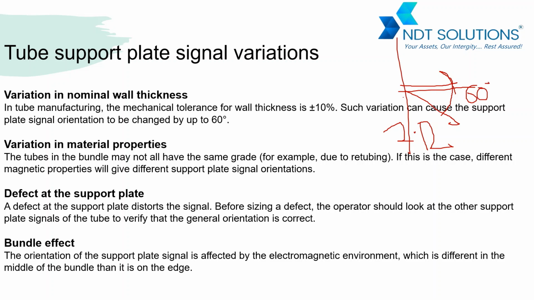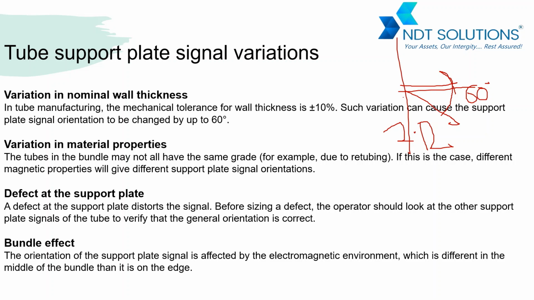It may vary up to 60 degree. At the same time, there may be a variation in the property of the material. Like in an exchanger, there is an inlet and outlet. In the inlet, maybe hot material is going, and in the outlet the cold material is going out. In this way it may vary the permeability of the tubes, or the exterior tubes, the periphery tubes of the bundle, may have different properties than the interior tubes.